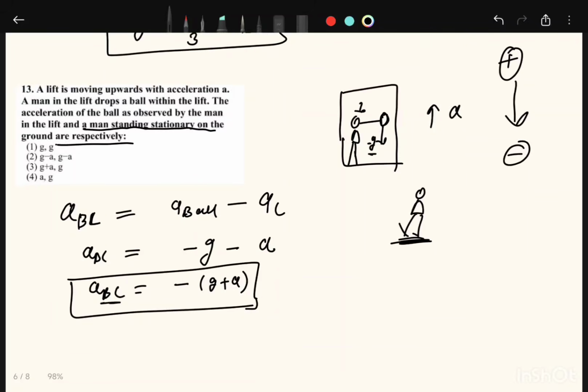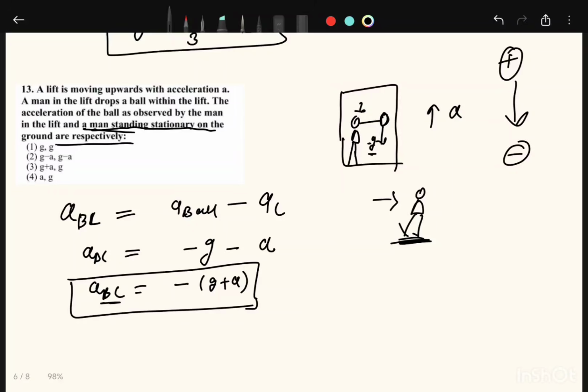Now let me find out the second thing: the acceleration of the ball with respect to the man standing stationary on the ground. According to you, what should it be with respect to this man? You see, when this person releases the ball, this man observes only that the ball is coming downward with the gravitational acceleration.